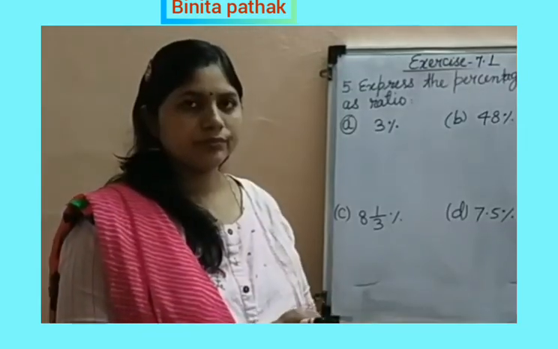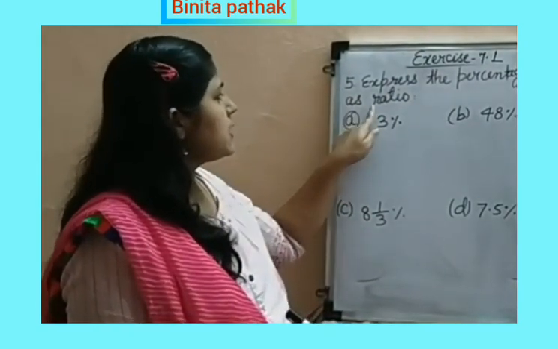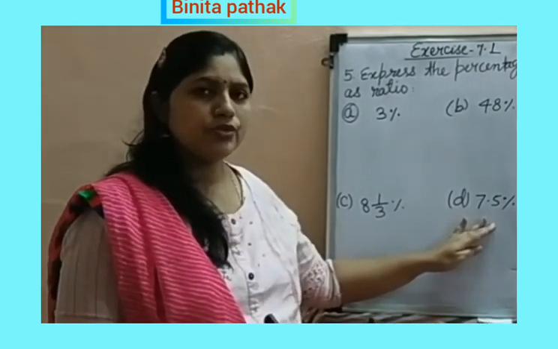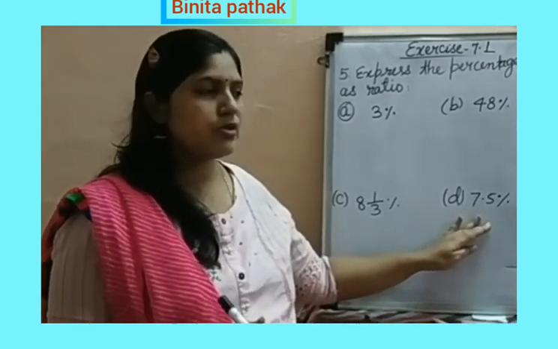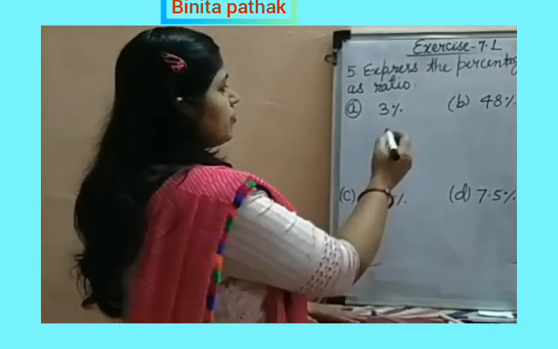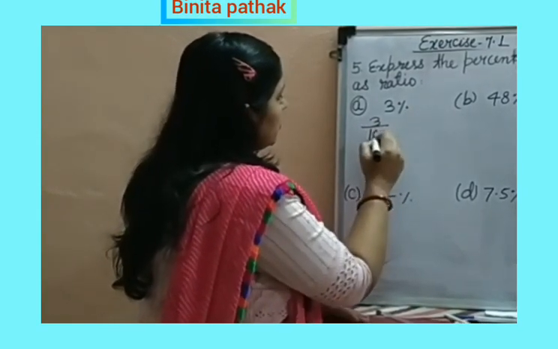Now the fifth question. Question number 5 is express the percentage as ratio. Percentages are given and we need to convert them into ratio. We have learned about ratio in our previous video. So the first question is 3%. After removing the symbol of percent, it will be 3 upon 100.